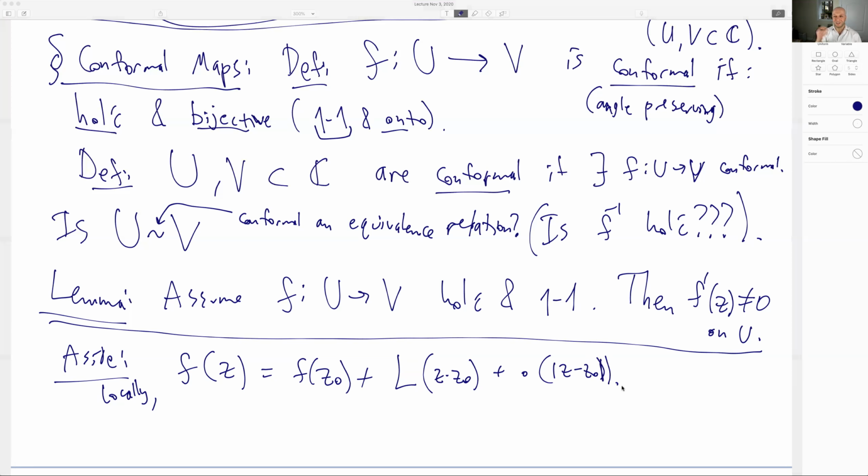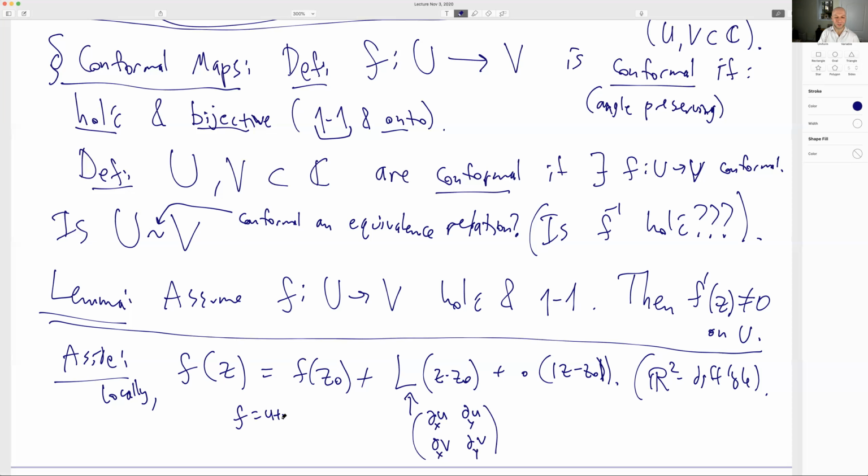That's what it means to be differentiable in the R2 sense, approximable by a tangent plane. This is R2 differentiable, and this is a linear map. It's the partial derivatives: the derivative of u with respect to x, of u with respect to y, of v with respect to x, of v with respect to y. This is this matrix, where f is u plus iv, and z is x plus iy.